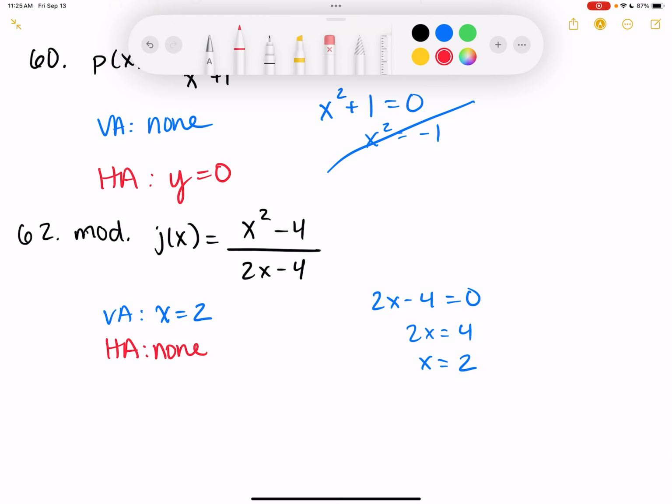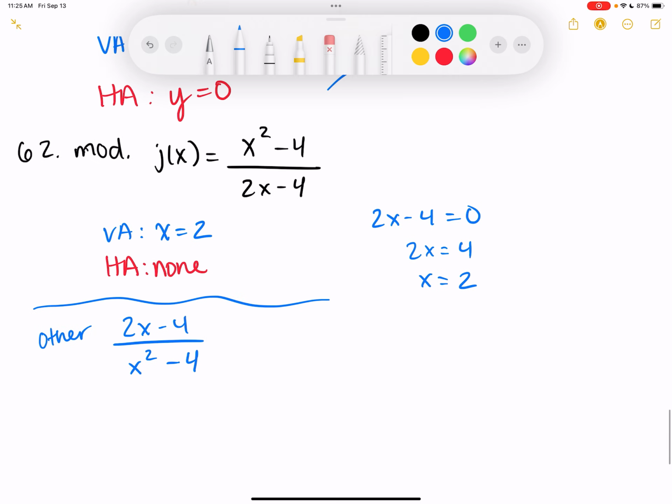Now, you could potentially, if there was something on the bottom that you could factor, like if we reversed this problem to be 2x minus 4 over x squared minus 4, then what's going to happen is I have x squared minus 4 equals 0.